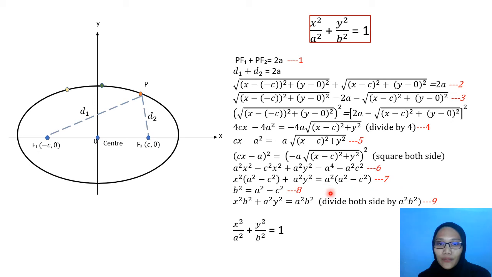We know that b squared equals a squared minus c squared, so we substitute this b squared into equation number 7, and we get equation number 9. After that, we divide both sides by a squared b squared, and we get the equation of an ellipse centered at origin with the major axis along the x-axis.